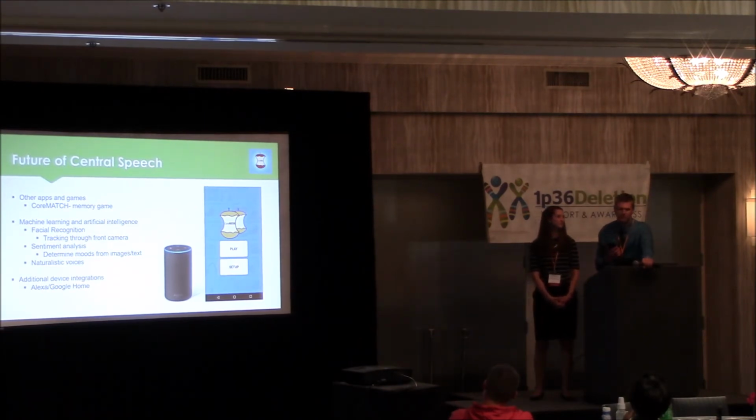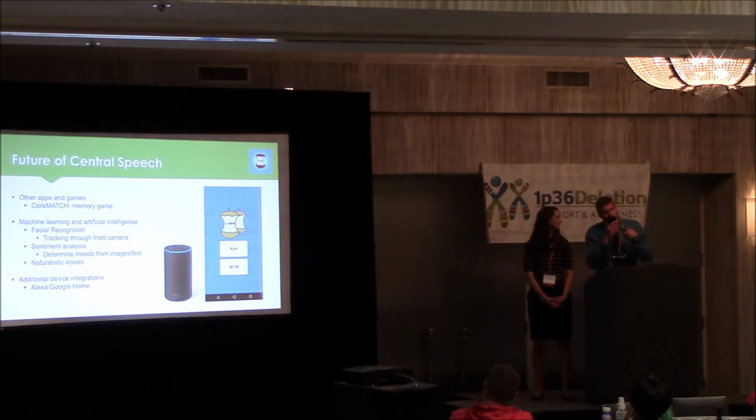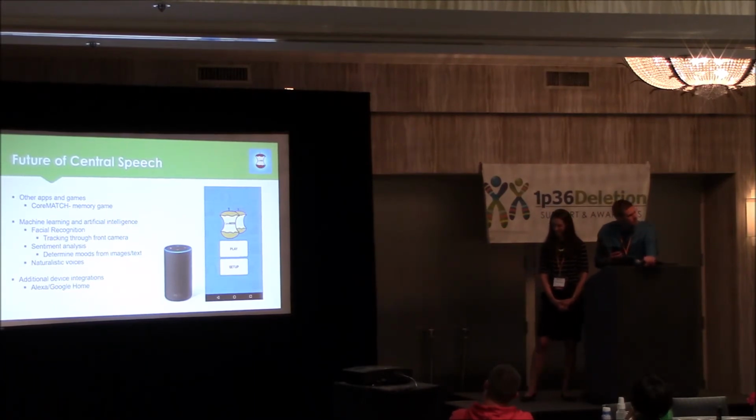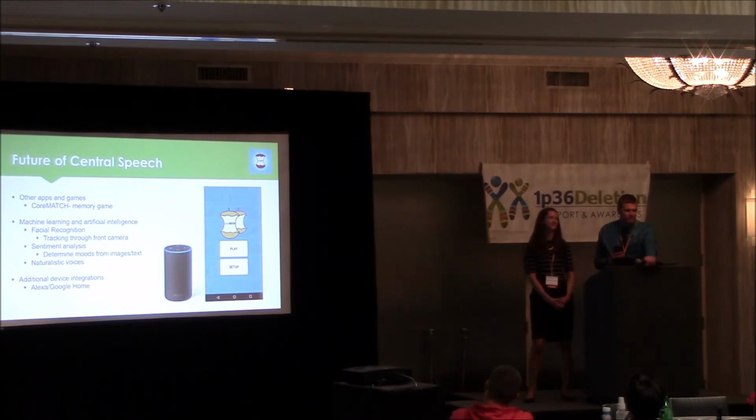Can I help you with anything else regarding 1p36 deletion syndrome? What are some organizations that help with 1p36? 1p36dsa.org is an excellent organization with additional resources for 1p36 deletion syndrome. They also host annual conferences for families and caregivers of children with 1p36 deletion syndrome. Can I help you with anything else regarding 1p36?